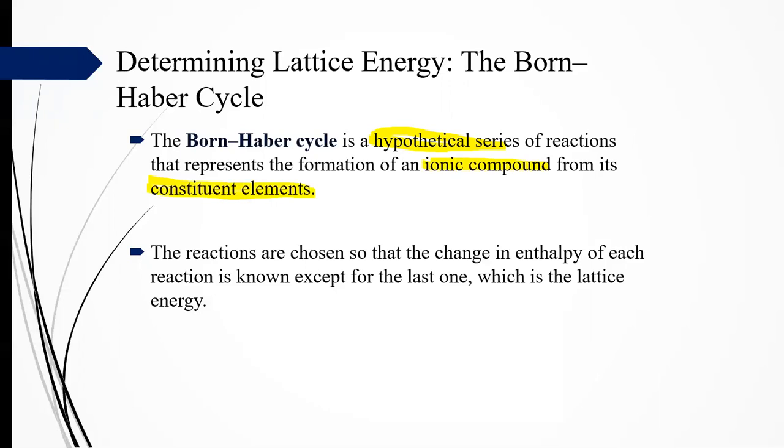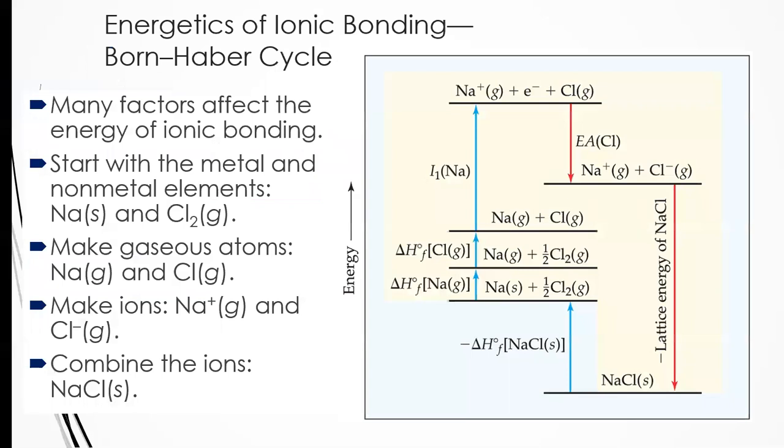The reason we're going to use this is because we can find the enthalpy of each of those reactions. And the very last one, we can use to find the lattice energy for that solid. And so this is an example of it. What I want you to do is take your time and try to identify what each of these steps is.